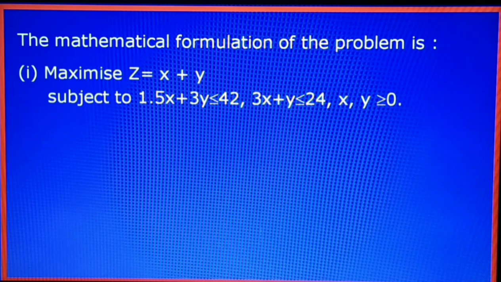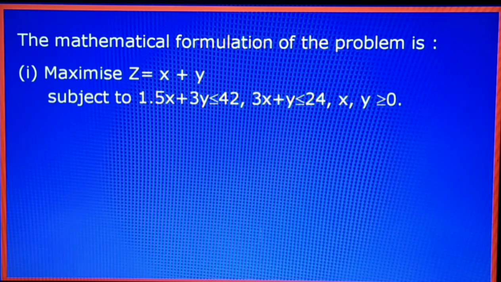The mathematical formulation of the problem is, first one, maximize z is equal to x plus y, that is the production of rackets and bats, subject to constraints 1.5x plus 3y is less than or equal to 42. 3x plus y is less than or equal to 24. x comma y is greater than or equal to 0.